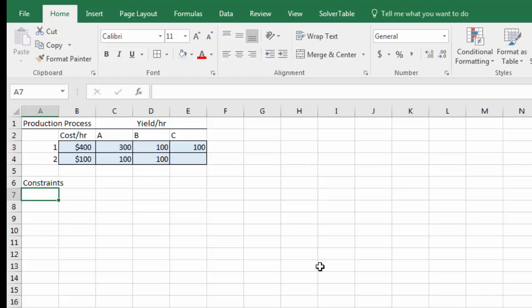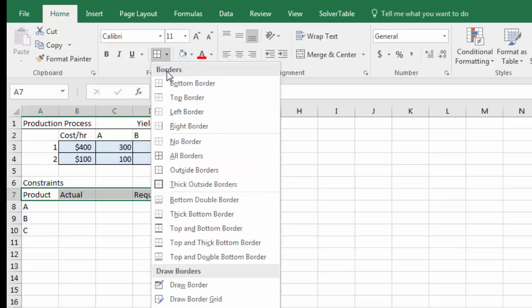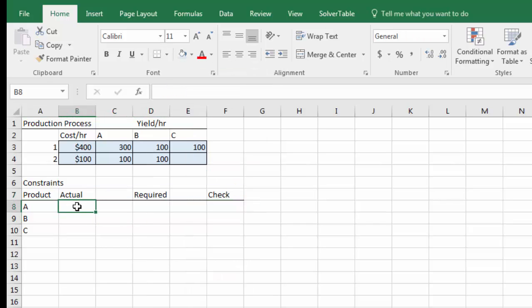And the way I'm going to set this up is designate the product A, B, and C. And I'll put the actual production here. We'll put the sign of the constraint there and the requirement here. And then over here we'll run a check algorithm just to make sure we're meeting those constraints. Now the actual will be subject to a calculative process, so we'll leave that blank for now.